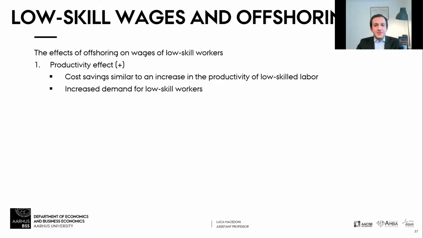And obviously, when there is an increase in productivity for low-skilled workers, you demand more, and therefore you increase their wages. Now, this is very important because this is a crucial difference relative to the Feenstra-Hanson model. In the Feenstra-Hanson model, if you offshore more, low-skilled workers in both countries were worse off. But that was because the high skill intensity in the two economies was increasing. Whereas here, nothing really happens to the high skill intensity because it's pretty much just the same, right?